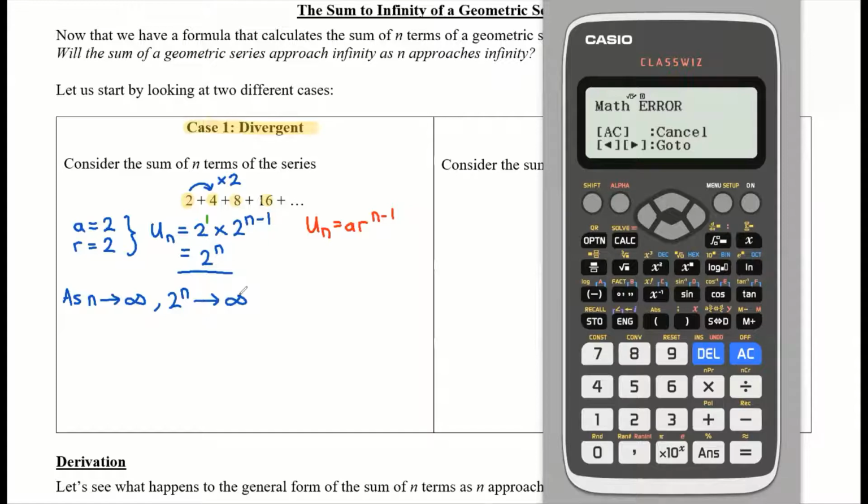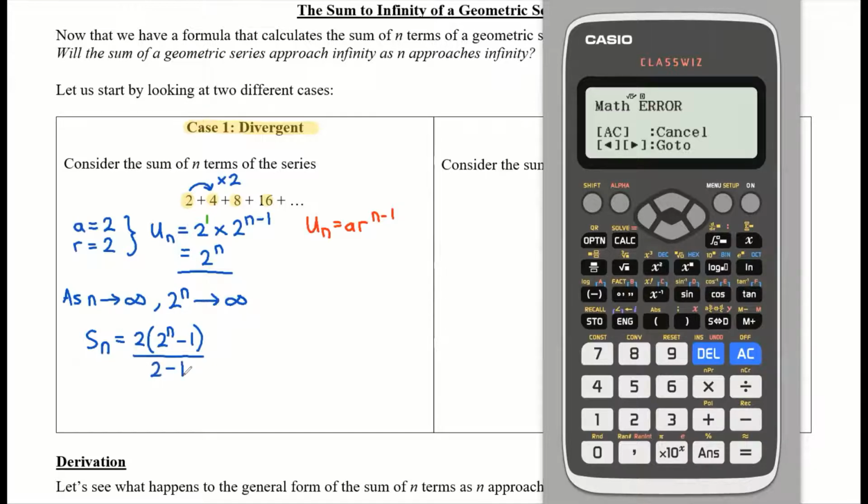Right, so that's an interesting result. Now let's consider the series. We've got a, we've got r. What about the sum of n terms? The sum of n terms is going to be a multiplied by, using the r subtract 1 version, 2 to the n subtract 1, divided by r subtract 1, so that's 2 subtract 1.